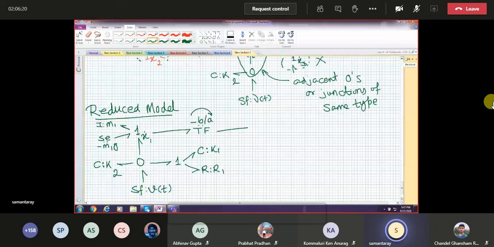Then you have C, that's K3. Then it goes to one I dot where you have inertia and AC of course.